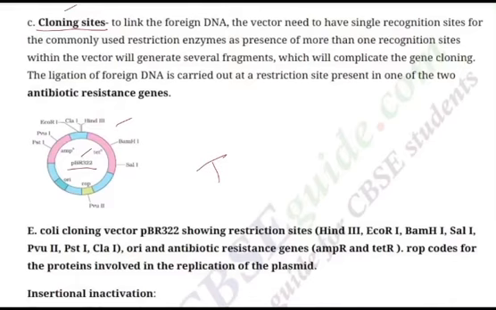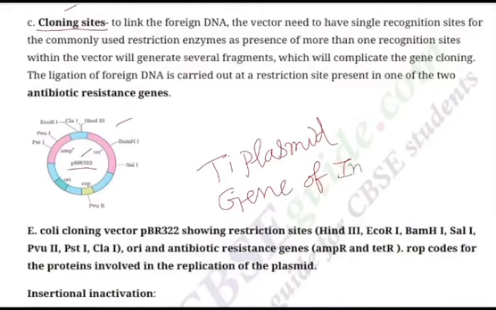The tumor-inducing plasmid, the Ti plasmid of Agrobacterium tumefaciens, has been modified into a cloning vector which is no more pathogenic to the plants but is still able to use the mechanisms to deliver genes of our interest into a variety of plants. Here you must remember the main focus is the gene of interest. This is the ultimate aim.